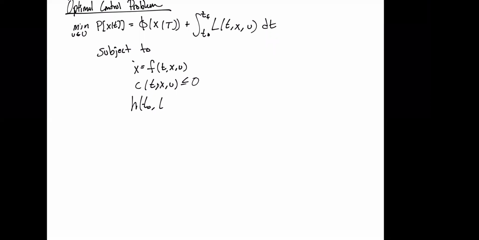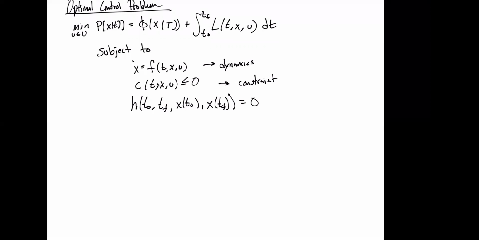So we can set a priori where we want to go and where we start from, and then solve that system of equations. So again, these are the dynamics, these are the constraints, and this is the boundary conditions.